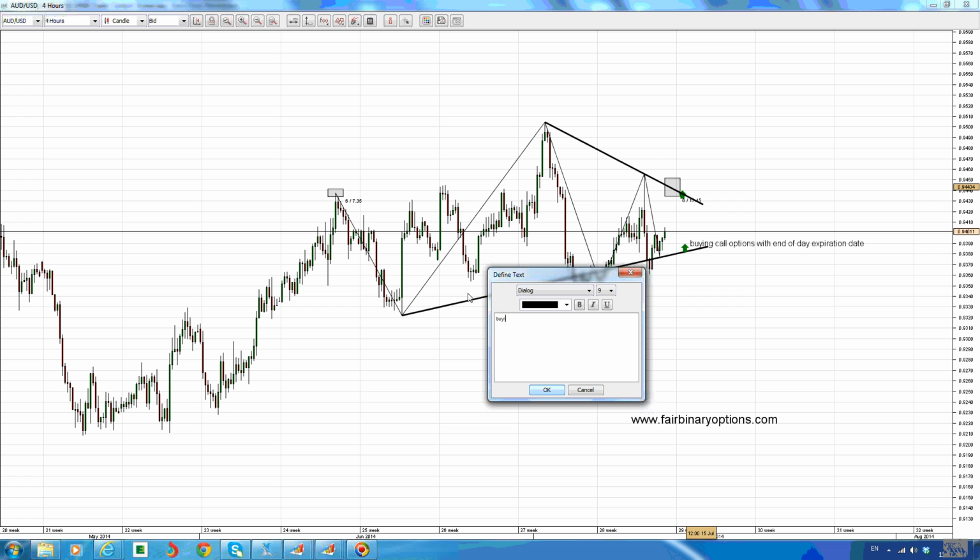So buying call options with 1 week expiration date by the time 0.9445 is broken.